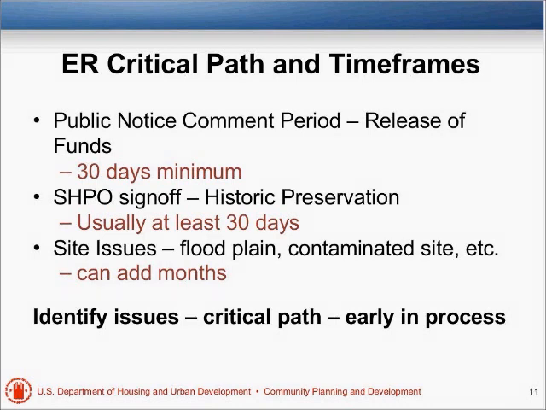That usually takes at least 30 days, even if there's no issue. If there is a historic resource and you're going to have an adverse impact on it, it could be months to resolve that. Other issues such as floodplains or contaminated sites, depending upon how serious it is, it could add a lot of time. So once again, start as early as possible in the process.